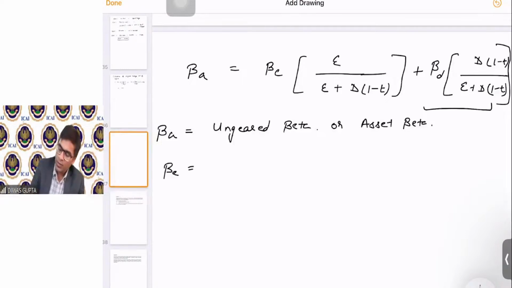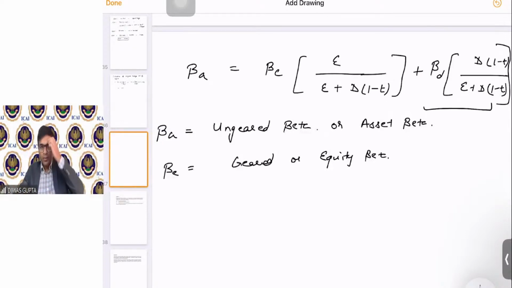Beta of E is equal to geared or equity beta, students. Why geared or equity beta? Because the benefit of debt will be reaped by the company, right? So there is gearing, there is a leverage of debt. As I told you, you will save tax on the interest that you are paying.